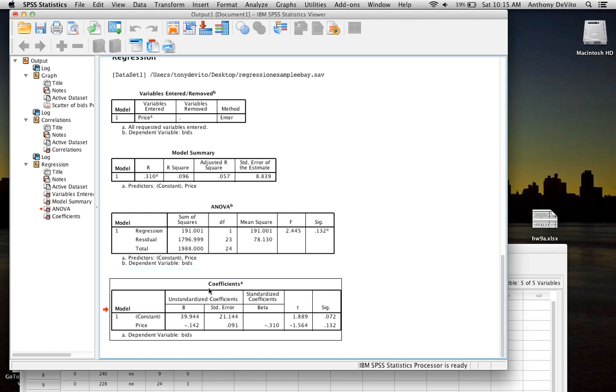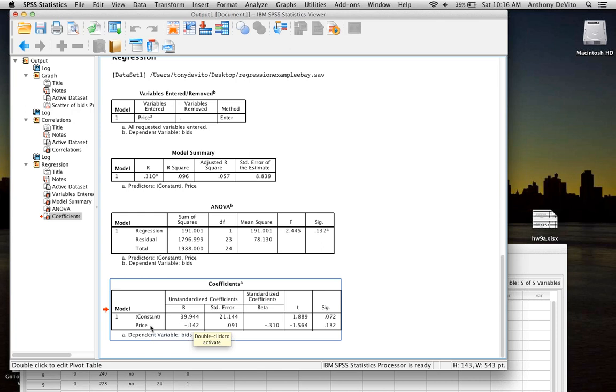Now finally, we go down to our coefficients table. The coefficients table gives us values that we can use to write a formula that predicts the outcome variable from the independent variable. The way it does it is it gives us the y-intercept, which is called constant in this case, and it gives us the slope of the line.